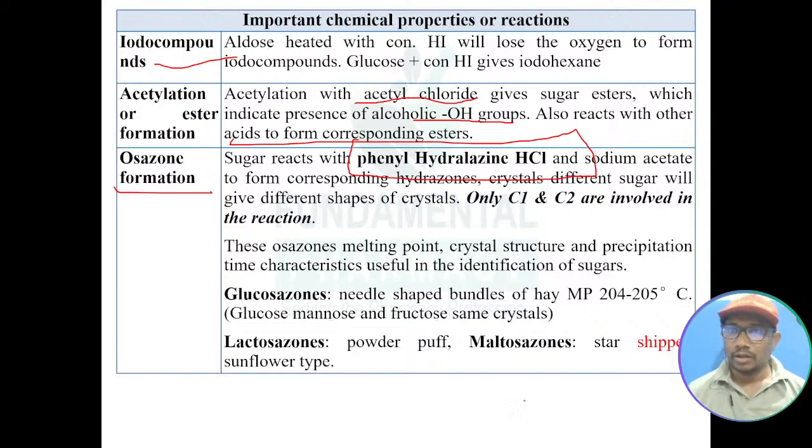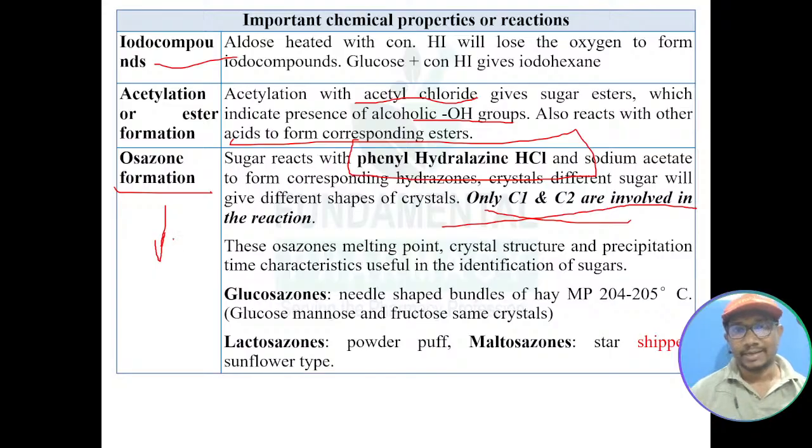And remember, only carbon number 1 and carbon number 2 of the sugar react with the phenylhydrazine to give the respective hydrazones. These osazones have specific crystal shapes. Based upon that, they can be distinguished. That's why osazone formation is a test to differentiate glucose, fructose and monosaccharides, disaccharides.